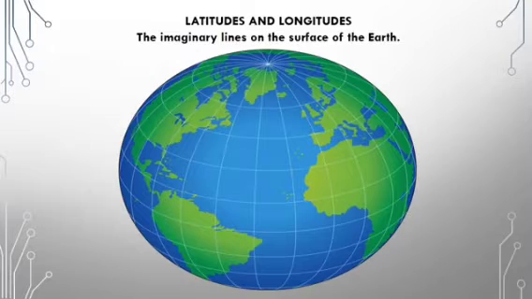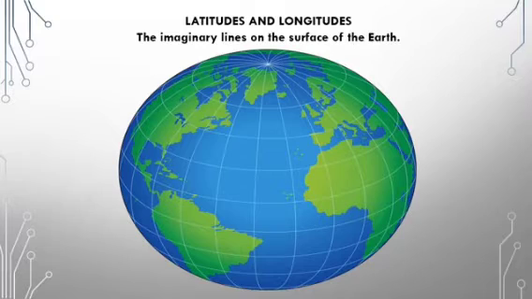Fine. You have understood about the hemispheres of the earth, and these hemispheres are formed by two major lines. They are the equator and the prime meridian. Equator divides the earth horizontally and the prime meridian divides the earth vertically.